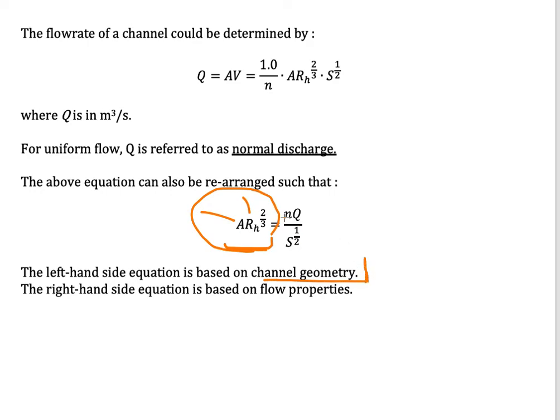The n, the Q and the S are actually showing the flow properties, because Q here is the flow rate, and the flow rate will be affected by the value of n, meaning whether your drainage is smooth or not. At the same time, the slope: if your slope is bigger, the flow rate will become higher.